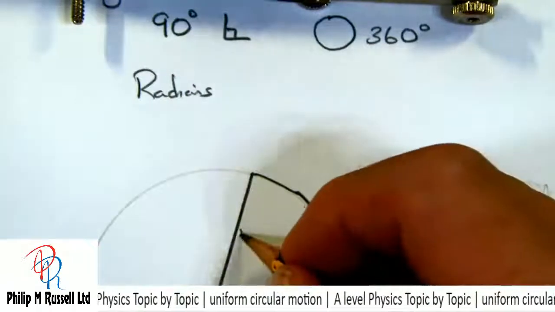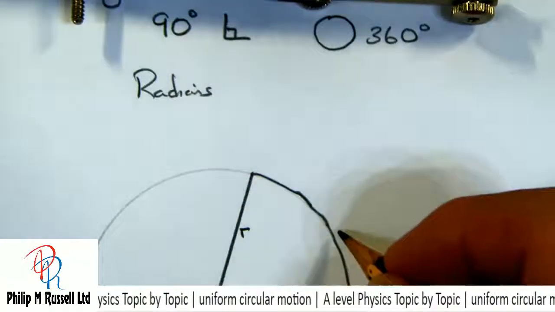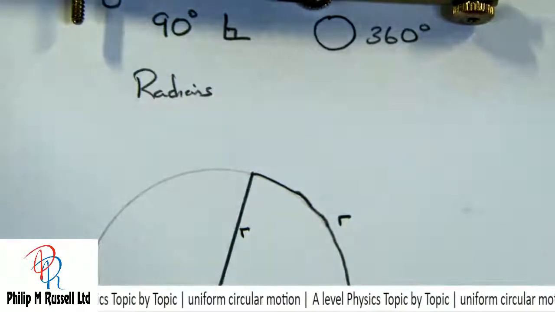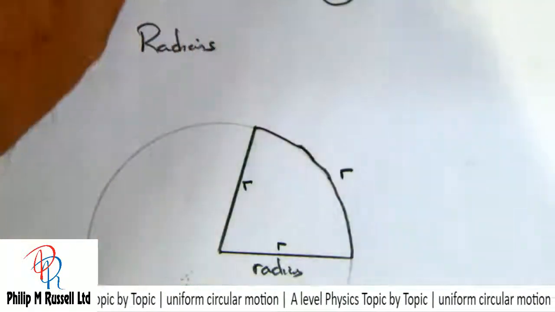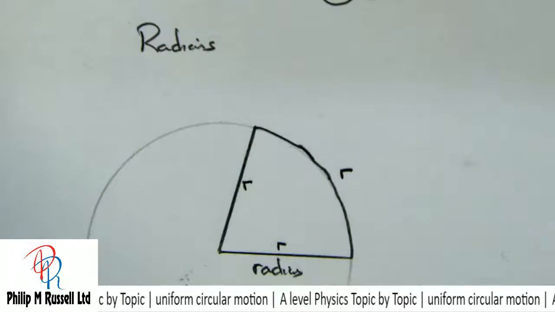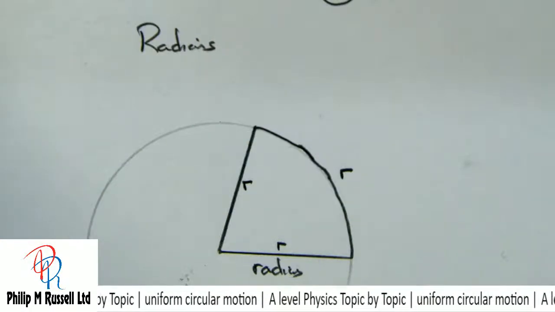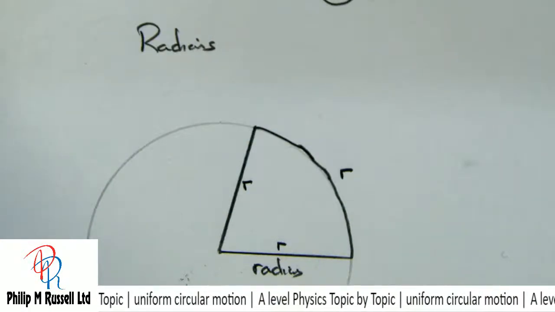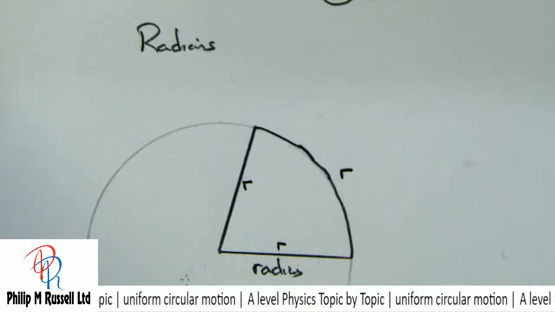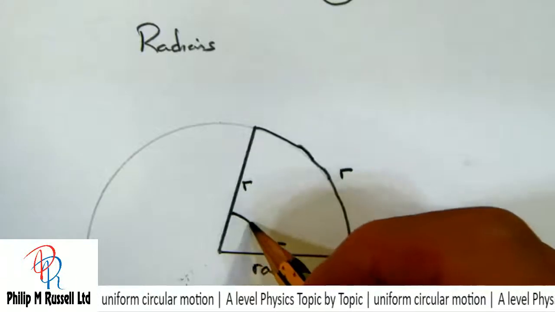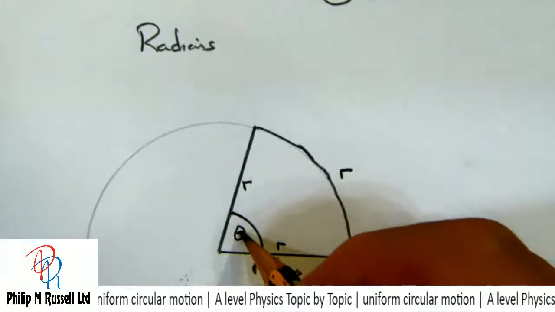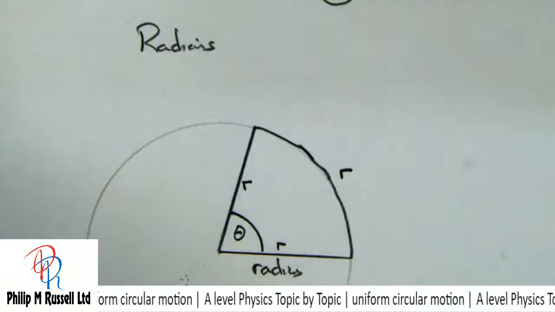This is my radius r, but this length here is also my length r. So that is what basically we've got as an idea of what a radian is, and we measure this. There we are, a radian.